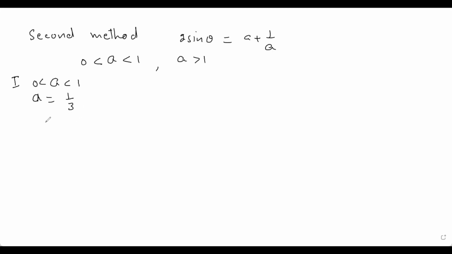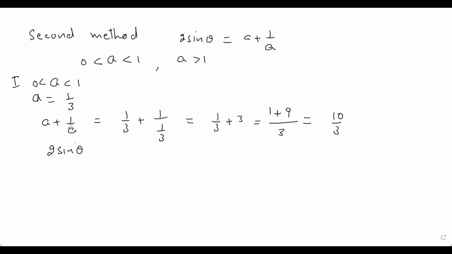Then a plus 1 by a is equal to 1 by 3 plus 1 upon 1 by 3, is equal to 1 by 3 plus 3, that is equal to, 3 is the LCM, 1 plus 9, that is 10 by 3. Now a plus 1 by a is equal to 10 by 3. Value of a plus 1 by a is equal to 2 sine theta is equal to 10 by 3.